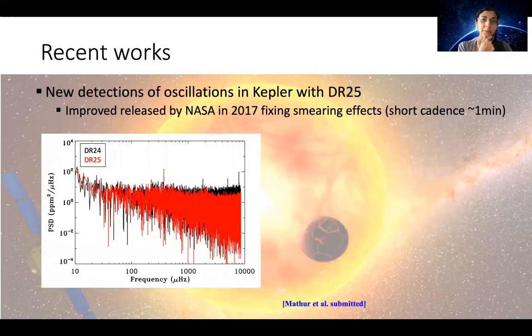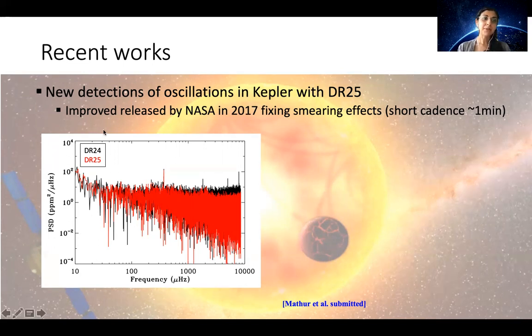So let me move on to one of my recent works, which is on studying solar-like oscillations in the Kepler data. While the mission stopped a few years ago, it still contains a gold mine of data where we can do astroseismology. And this was triggered by the fact that in 2017, NASA realized that there was some issue in the way they were processing the short cadence data, the 1 minute data, that led to higher noise for some of the light curves.